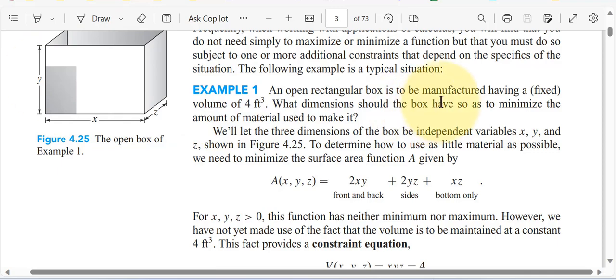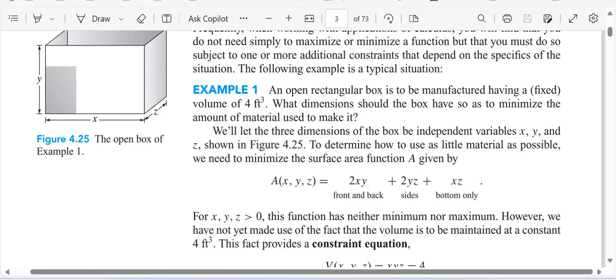The constraint is an open rectangular box, so I guess this part here is open, having a fixed volume of 4 cubic feet. So the box has to hold 4 cubic feet of material, but we want to minimize the amount of material used to make the box.